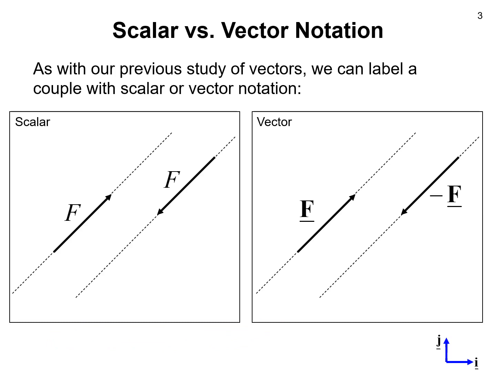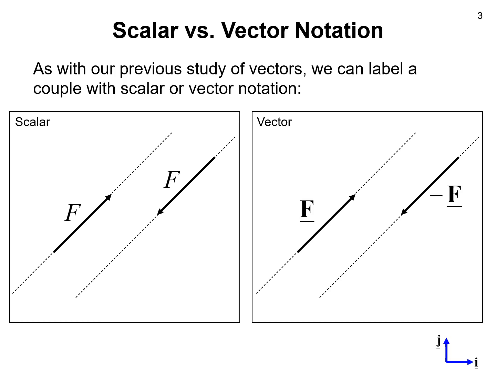Now, I'm going to take this chance to review something we talked about in the first week, using scalar versus vector notation. These are two different ways of drawing the same couple. On the left, we're using the scalar notation, in which I use the arrow as the direction, and the symbol F scalar is the magnitude of that force.